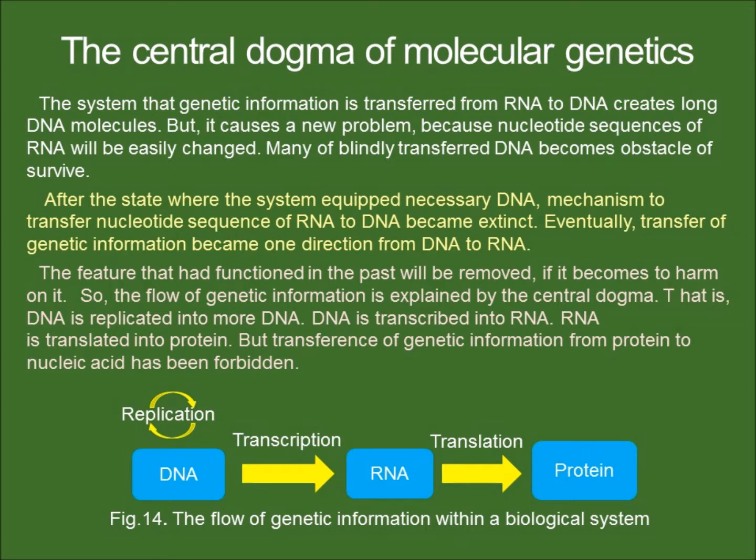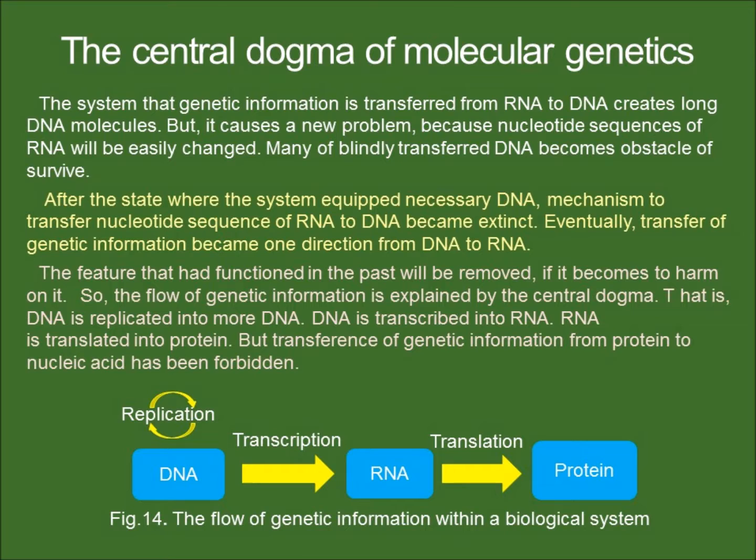Transmission of genetic information by the central dogma. The system in which genetic information is transferred from ribonucleic acid to deoxyribonucleic acid creates long deoxyribonucleic acid molecules. But it causes a new problem because nucleotide sequences of ribonucleic acid will be easily changed.